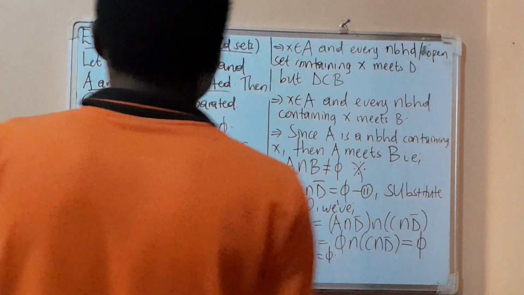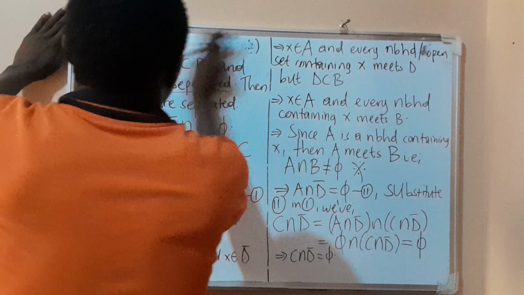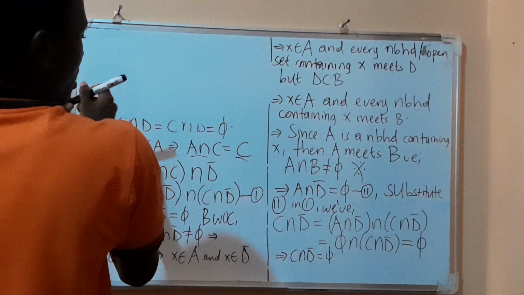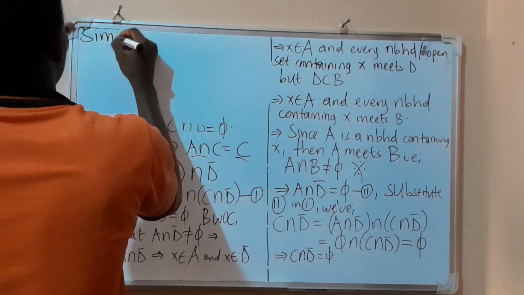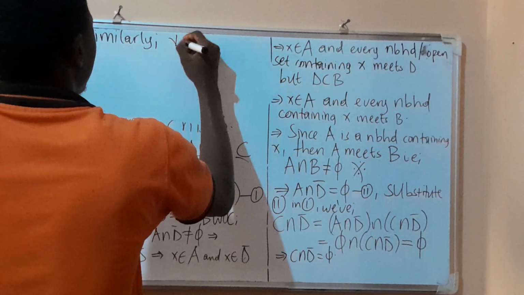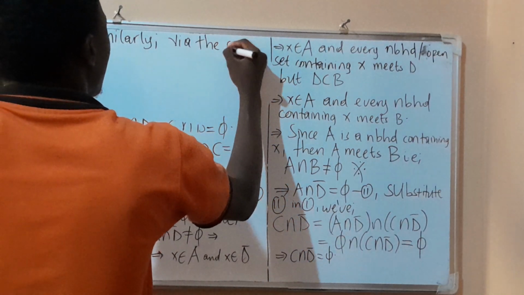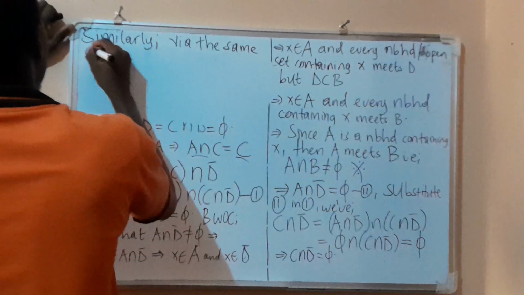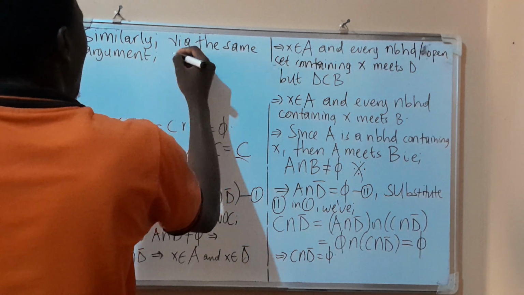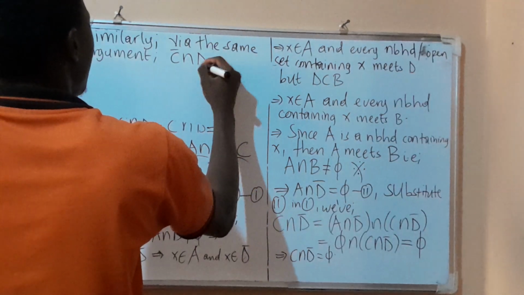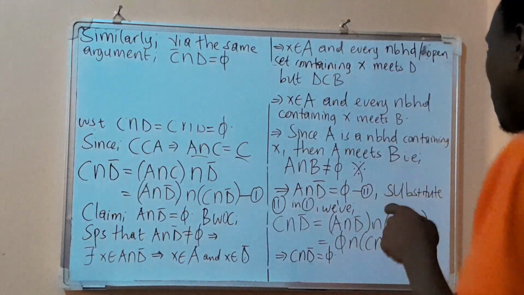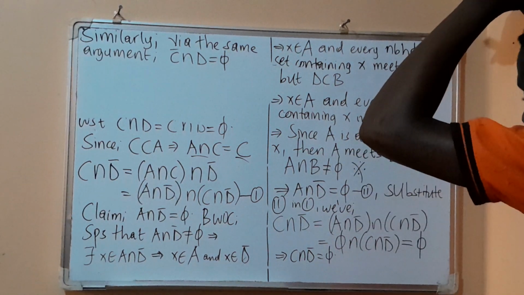So similarly, via the same argument, now I want you to go and confirm this that C closure intersection D is an empty set. For me I've proved that C intersection D closure is empty.